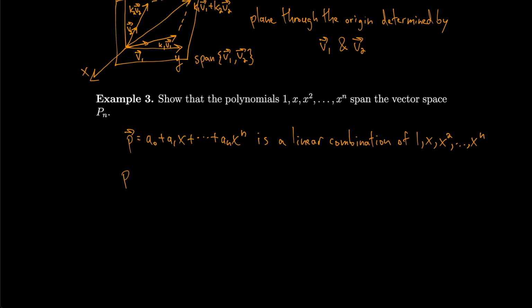So Pn is equal to the span of 1, x, x squared through xn. Just by definition of what a polynomial is, it's just going to automatically be a linear combination of all of those guys.